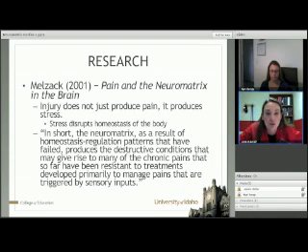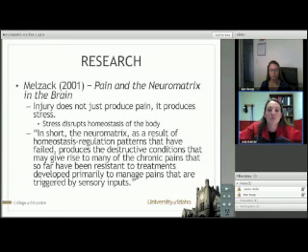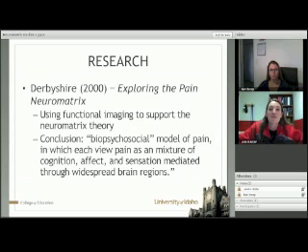So in short, the neuromatrix, as a result of homeostasis regulation patterns that have failed, produces the destructive conditions that may give rise to many chronic pain patient issues that so far have been resistant to treatment, developed primarily to manage pain that is triggered by sensory inputs. And this is one of the major theories of how chronic pain works.